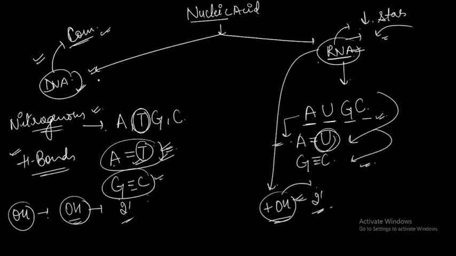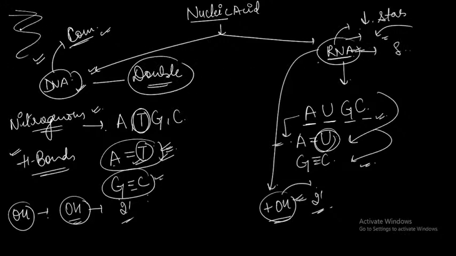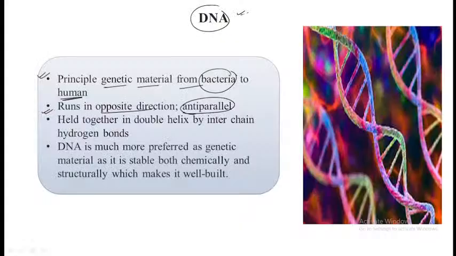In addition to that, one more thing, the DNA is double stranded and the RNA is single stranded. Remember this particular thing as well. DNA is a double helical structure and the RNA is majorly single stranded, right?